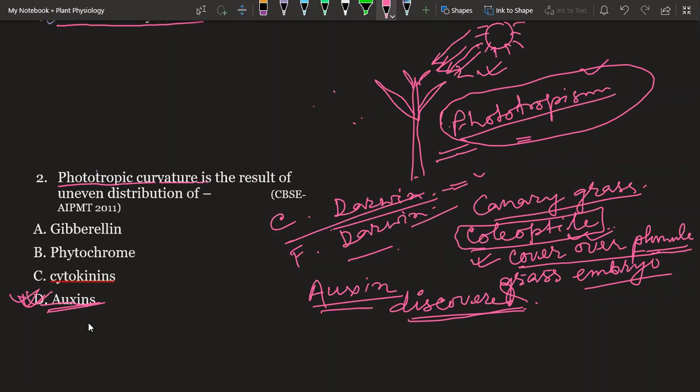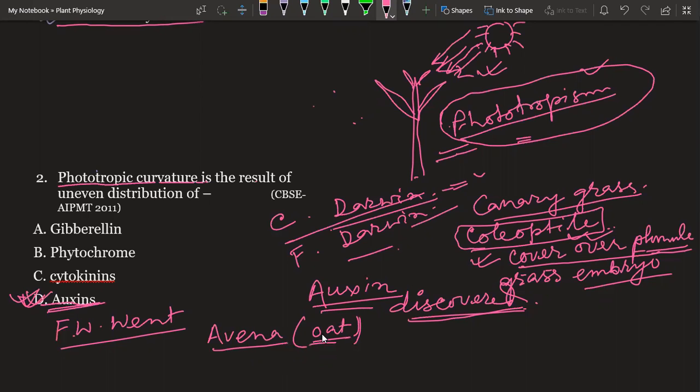Later on, another physiologist known as F.W. Went also carried out a similar experiment, but that was carried out in Avena. Avena, that is oat, a very good breakfast food, I think many of you may take.